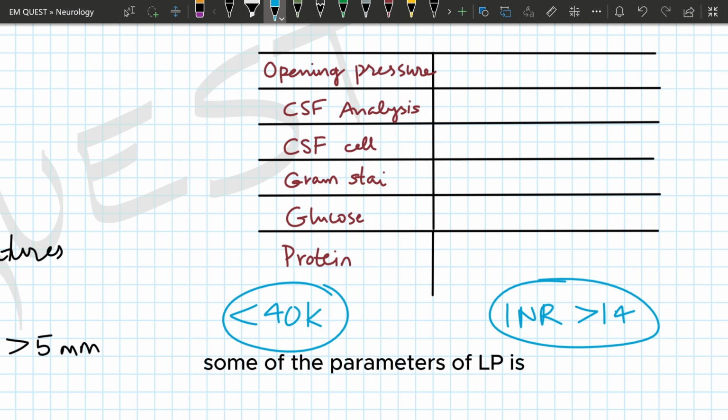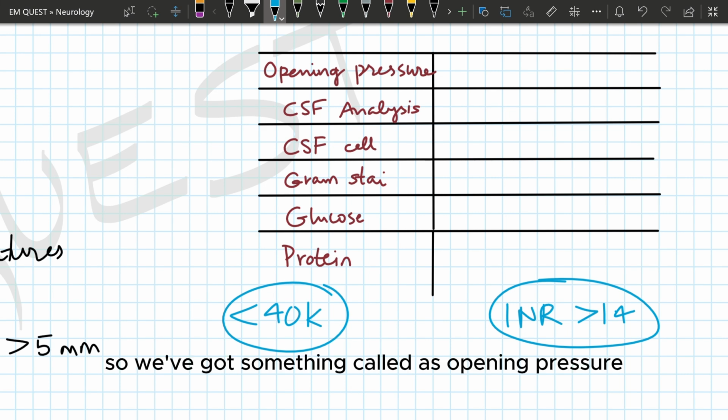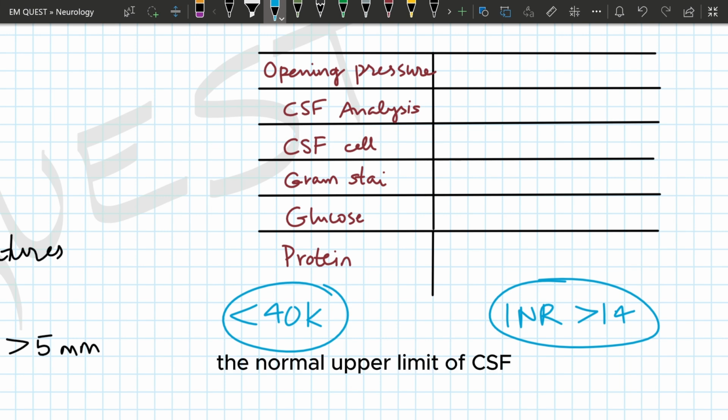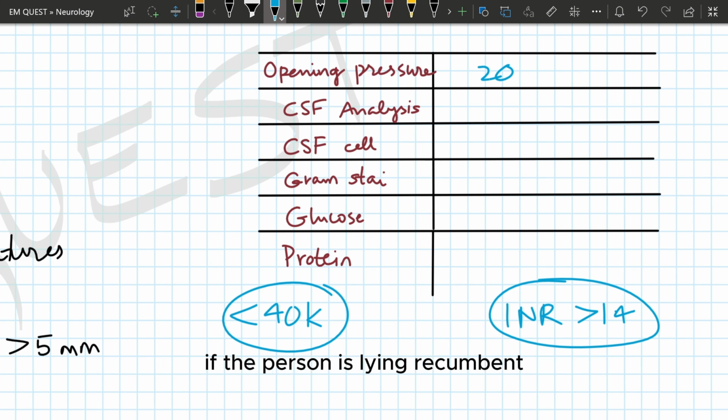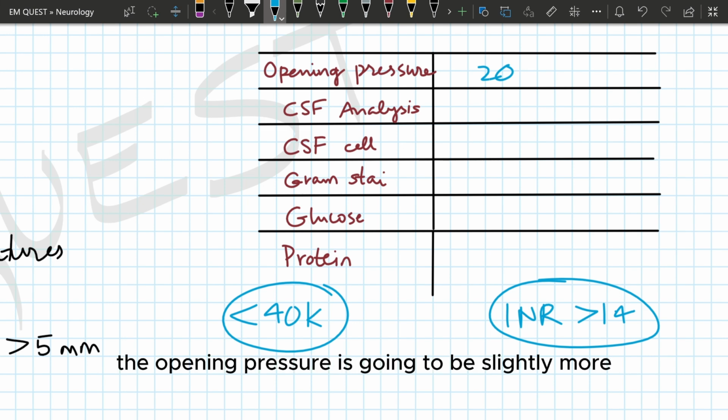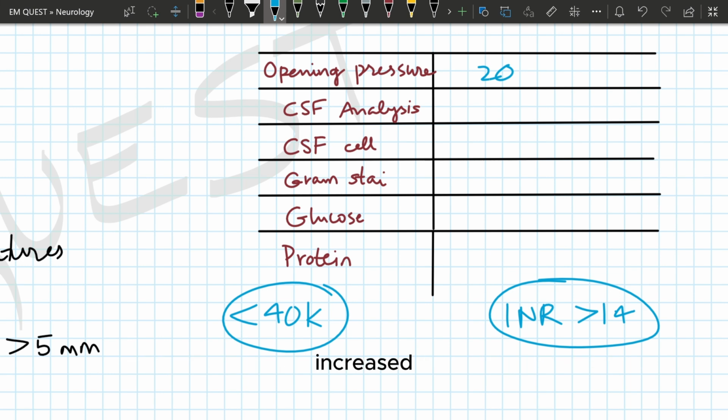Some of the parameters of LP are as I've written in this table. So we've got something called opening pressure. The normal upper limit of CSF pressure is about 20 centimeters of water. This is something you need to pay attention to if the person is lying recumbent, because if the person is sitting, then we do expect that the opening pressure is going to be slightly more increased.